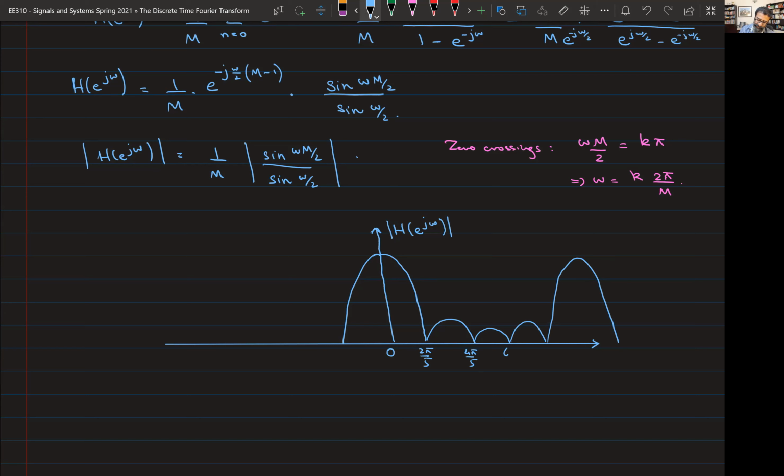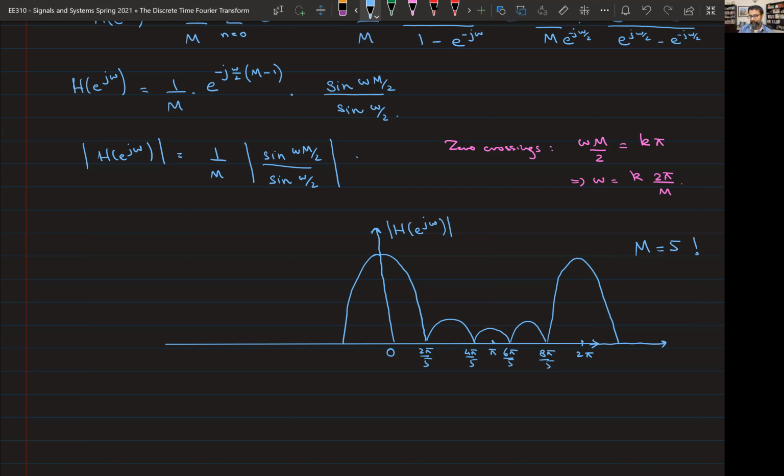This is 6 pi by 5. This is 8 pi by 5. And this is 2 pi, which is 10 pi by 5. And pi would be around here. So this particular sketch that you see is for m equals 5.